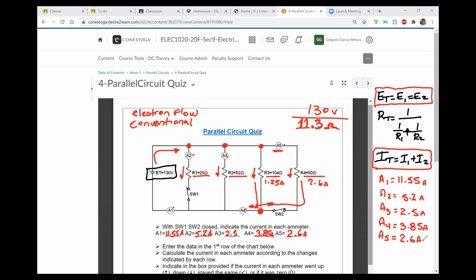Perfect. So that way we don't lose any of the values. So now let's get rid of all this so we can scroll down.